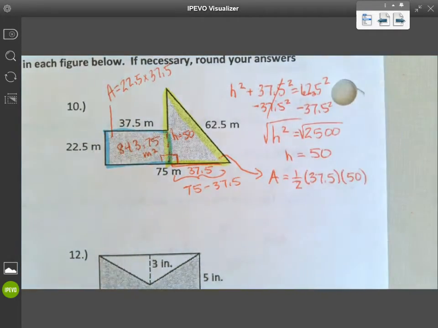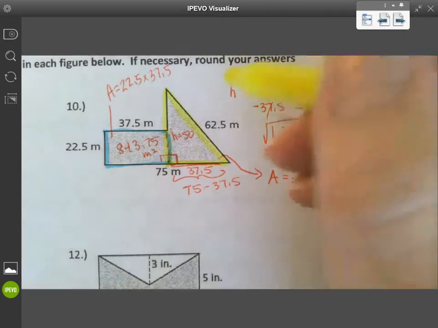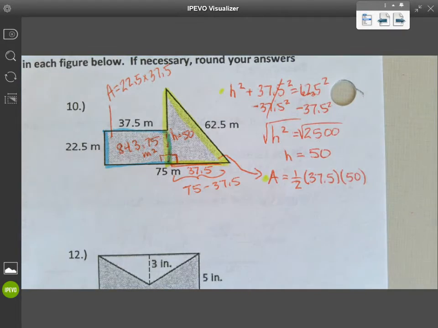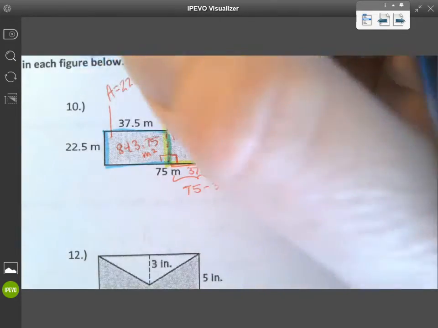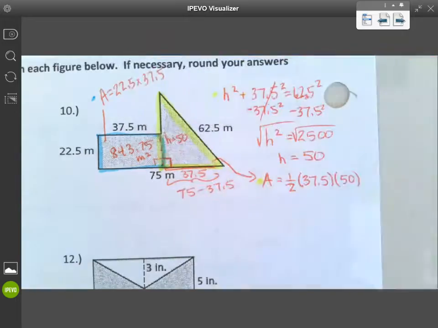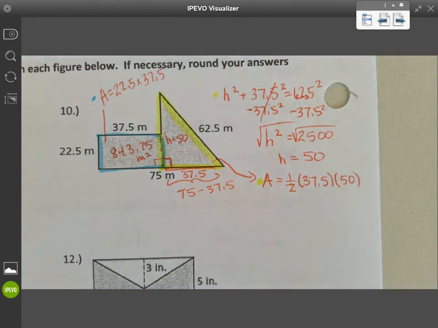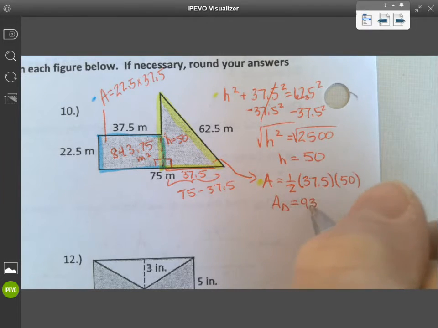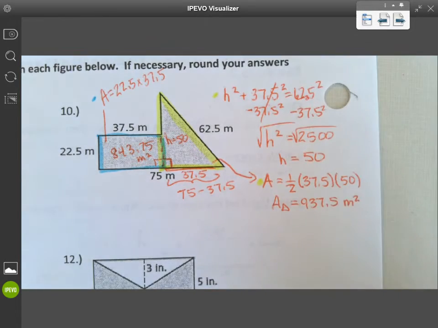All right, so type that in your calculator. And that is just for the triangle. Yep, I agree with you. So the area of the triangle is 937.5. And that would be meters squared, right?